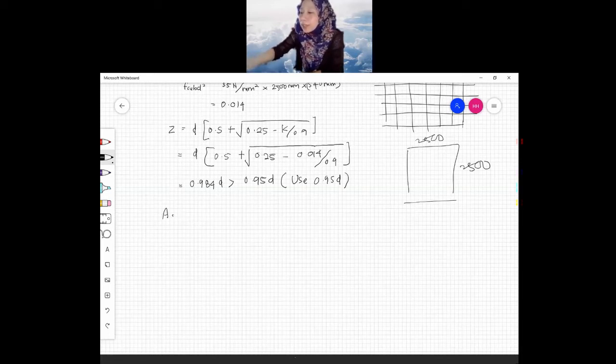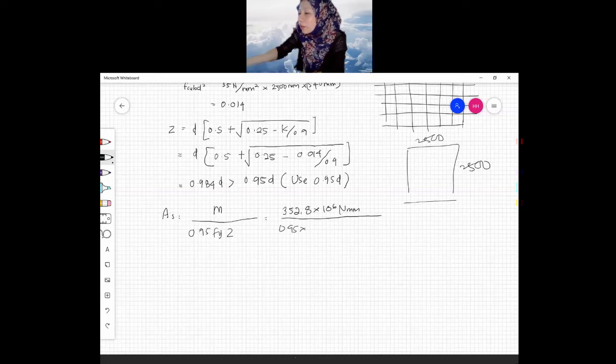So for AS, we can simply calculate. Divide with, and times with the Z, which is 0.95.